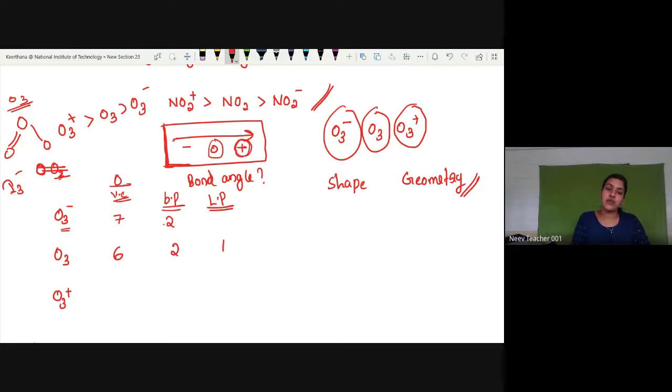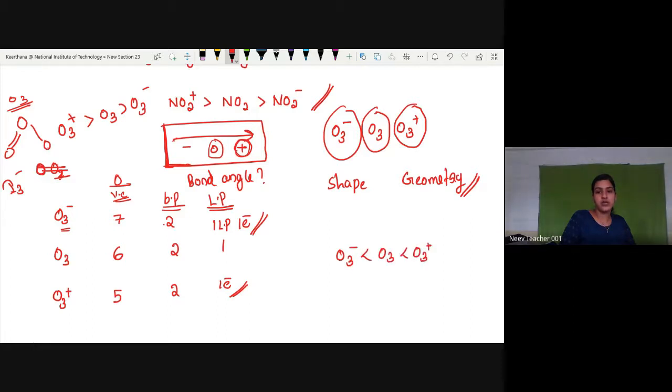In the case of O3 plus, 5, 2, and 1 electron will be there. Here 1 lone pair and 1 electron will be there. Okay, I think it's better to leave it, or you just study this order: O3 minus is less than O3, which is less than O3 plus. You don't need to study this much, like 1 lone pair and 1 electron, and this structure; its explanation we can do by MOT.